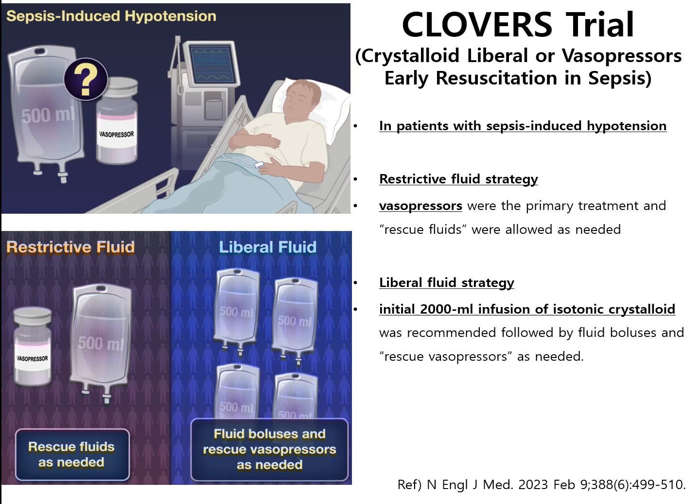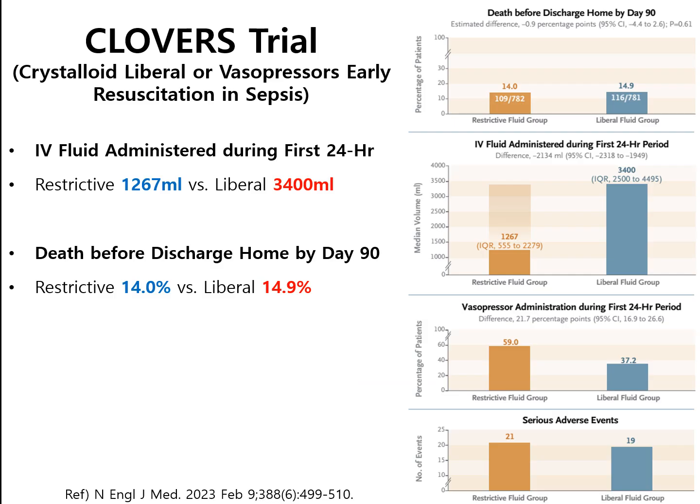The CLOVER trial compared the restrictive fluid strategy, a vasopressor-primarily strategy, with a liberal strategy in sepsis-induced hypotension. The liberal group received significantly more fluid in the first 24 hours, 3,400 milliliters versus 1,267 milliliters.